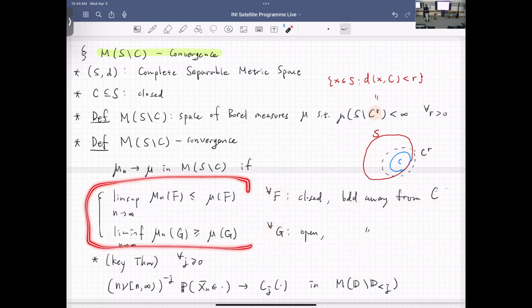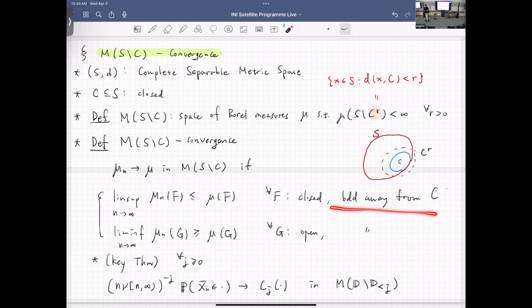This is exactly the same as the Portmanteau theorem in weak convergence, except that you have the extra condition that these sets have to be bounded away from C. So if C is an empty set, this is exactly the weak convergence. But with non-empty C, this is a generalization of the weak convergence.